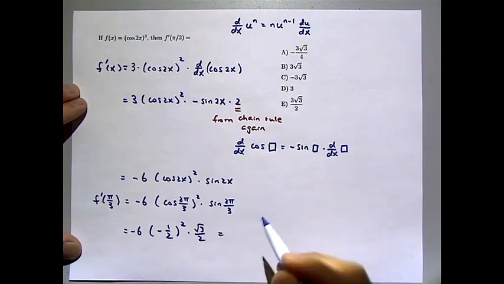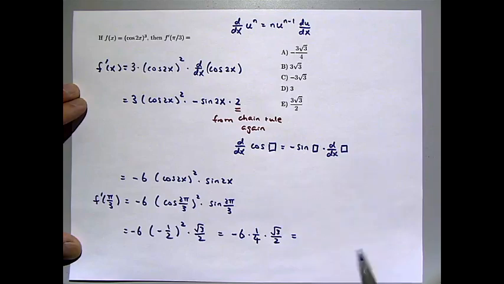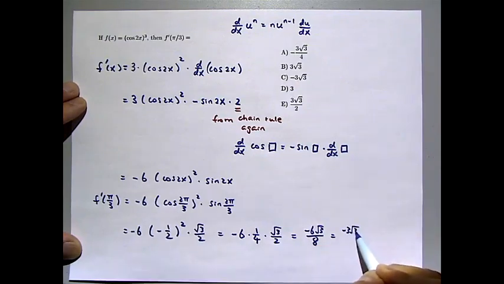Okay, so what do we get? We get negative 6 times 1 over 4 times root 3 over 2. So what is this thing? This is negative 6 root 3 over 8. We can reduce this by 2: minus 3 root 3 over 4.